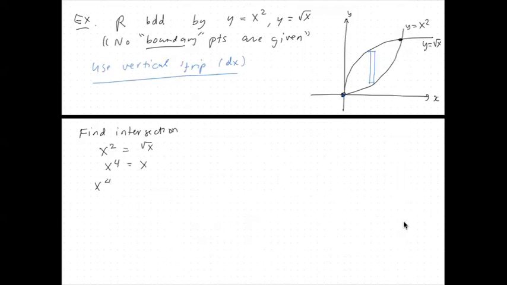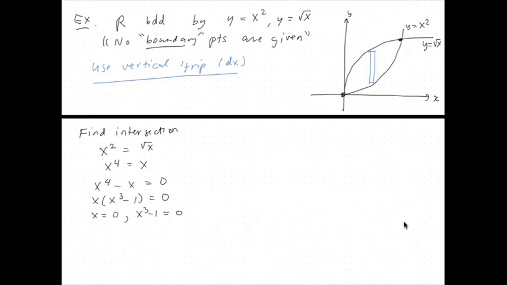So you put it this way, equal to 0, and then x cubed minus 1 equal to 0. From the graph, we know that there are only two intersections. The one is x equal to 0, and the other one is x cubed minus 1 equal to 0.